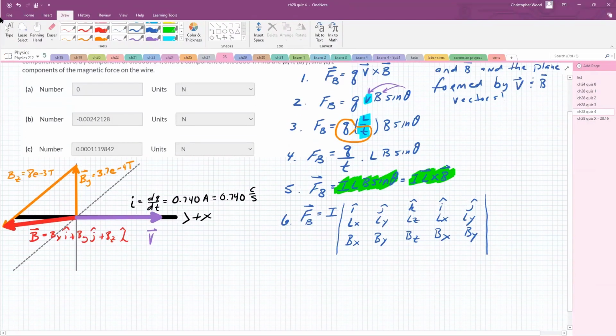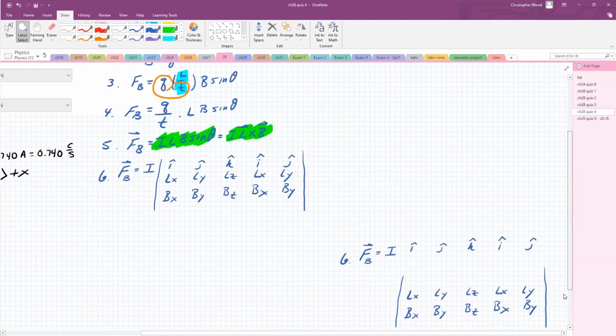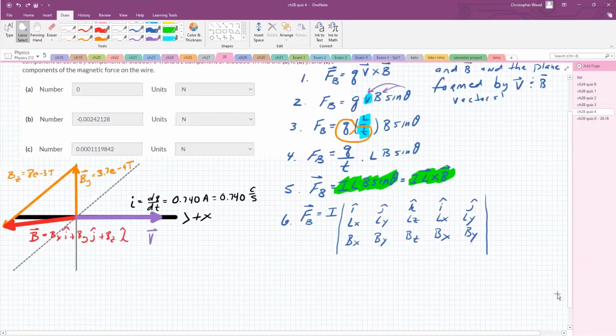Now, one more time, but with numbers. So I'll just take a snip of this. I don't know why my snips never work all that well, but here's the one with numbers. Here's the force acting on this wire. Why do we like the magnetic force?